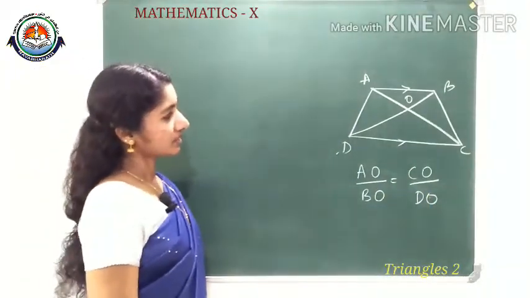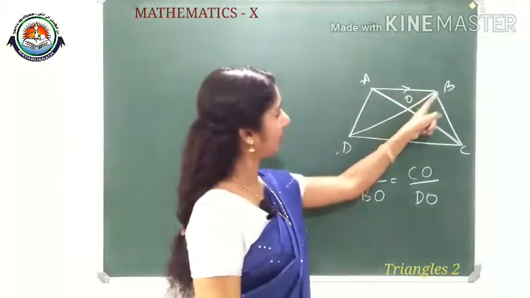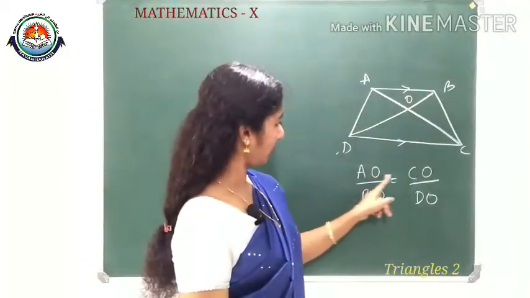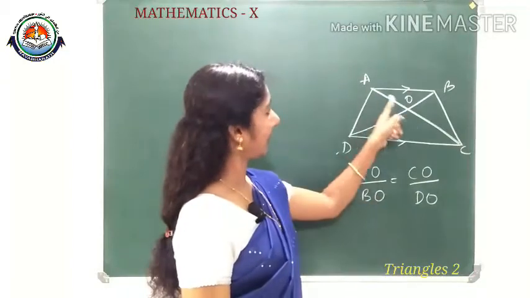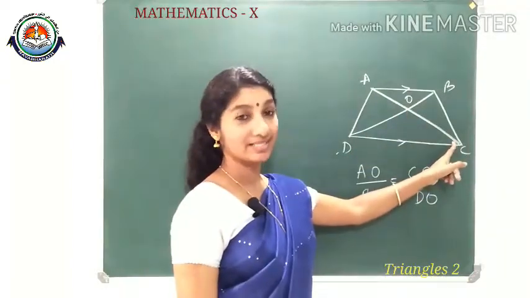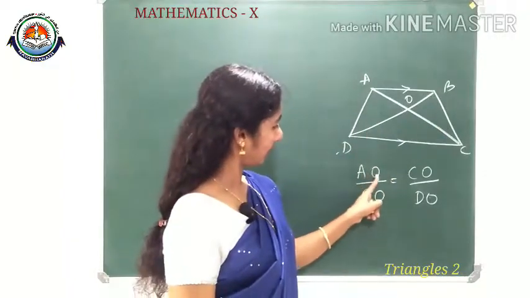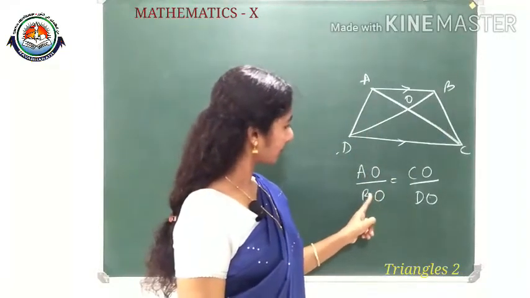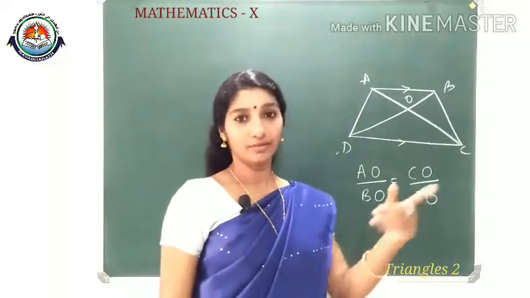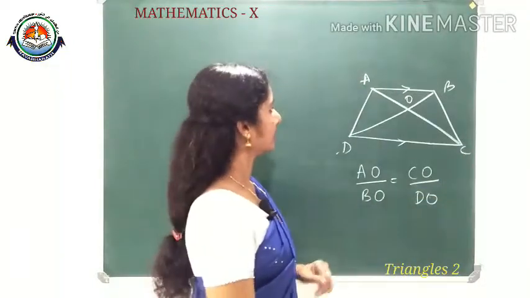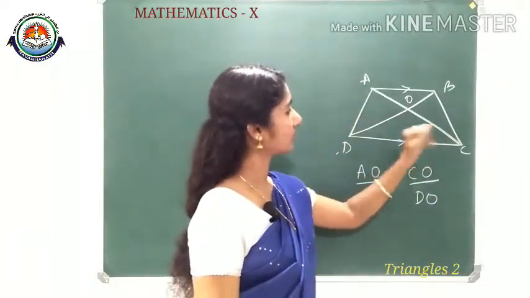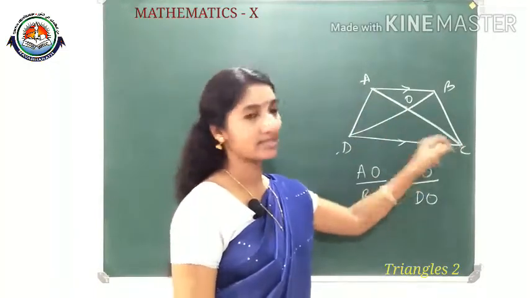Okay. So for that, AO by BO is coming, so AO by OC is easy, I think. AO by OC is equal to BO by OD. So if we get AO by OC equal to BO by DO, then our proof is ready. For getting AO by OC as one side, we need a triangle including AC.